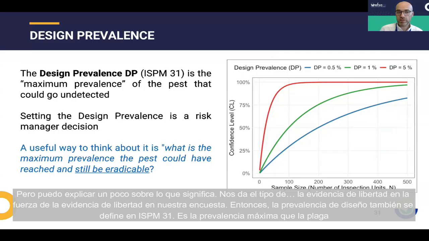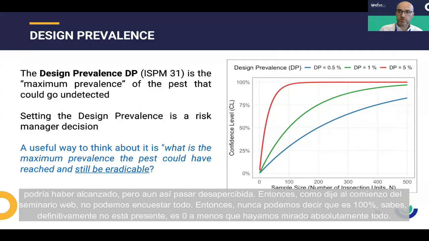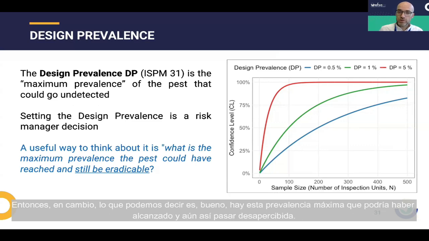It's the maximum prevalence that the pest could have reached but still go undetected. So as I said right at the start of the webinar, we can't survey everything. So we can never say that it's 100% definitely not present, it's zero, unless we looked at absolutely everything. So instead, what we can say is there's this maximum prevalence that it could have reached and still go undetected.